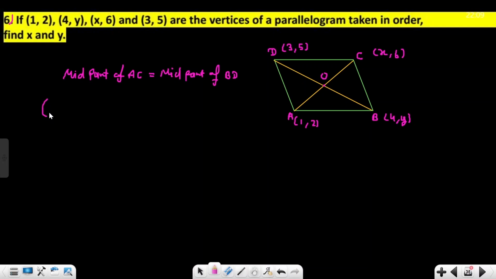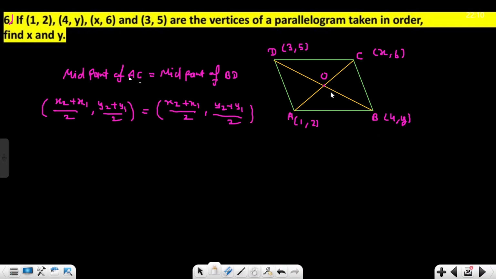The midpoint formula means the ratio is 1:1, so the formula becomes (x2 plus x1) divided by 2, (y2 plus y1) divided by 2, equal to the same formula (x2 plus x1) divided by 2 and (y2 plus y1) divided by 2. Now we put the values here.